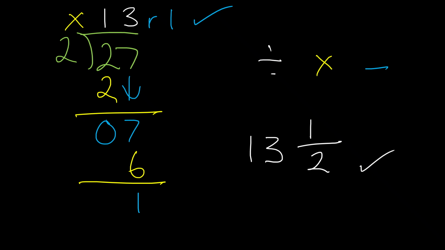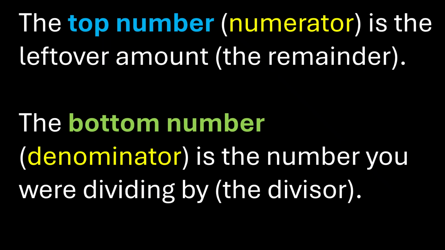I'll do another example and you'll see how that works. Just remember that when writing your remainder as a fraction, the top number is the numerator. It's the leftover amount, the remainder, and the bottom number is the denominator. It's the number you were dividing by, the divisor.